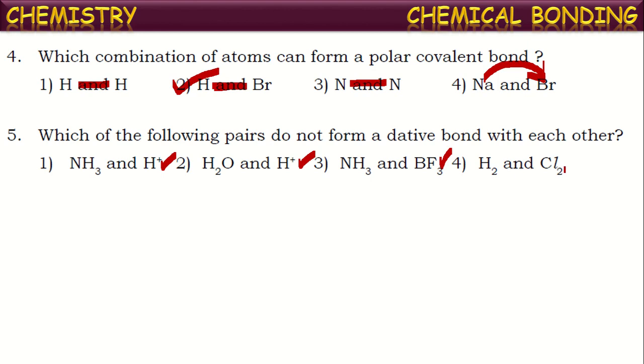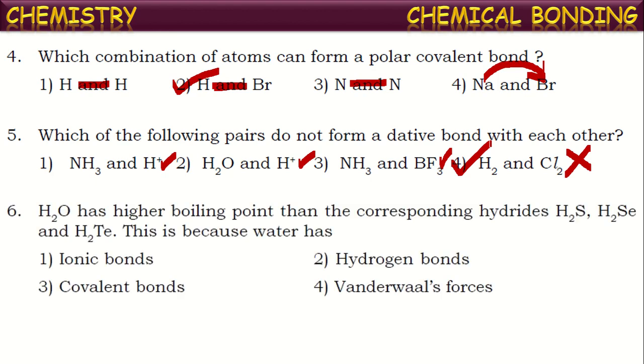But hydrogen and chlorine molecules cannot participate in dative bond formation, because in the H2 molecule there is no vacant orbital. Already they are bonded and have completed their duplet. So this is a molecule which does not form any dative bond. This is correct. H2 and Cl2 do not form a dative bond.